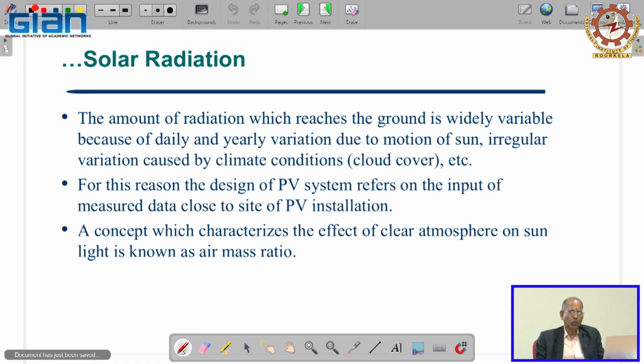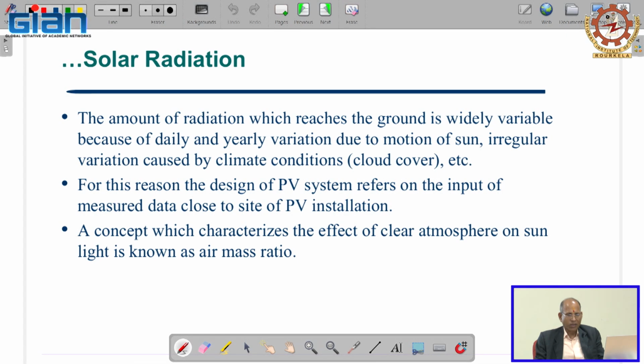Okay, it is obvious. So for this reason, the design of a PV system relies on input measured data close to the site. Okay, you need to have some data information.